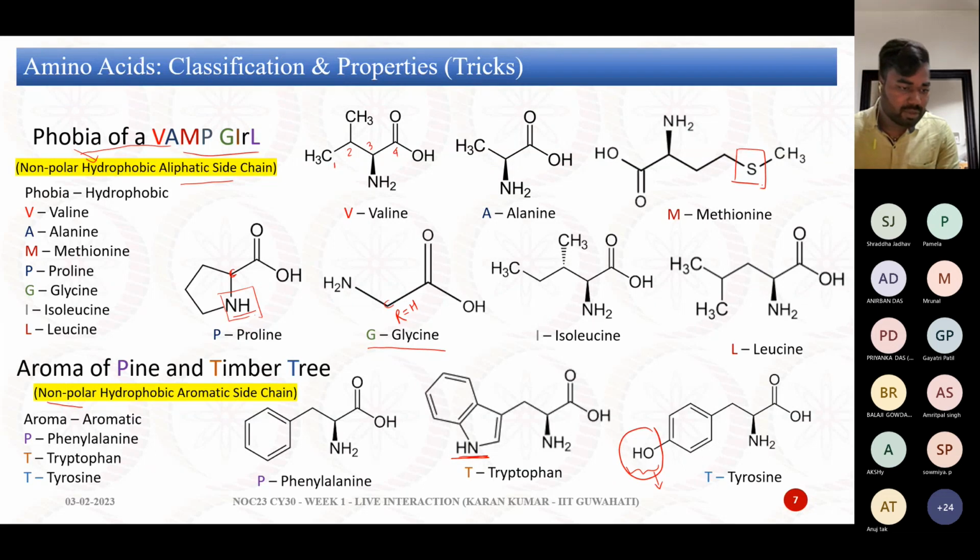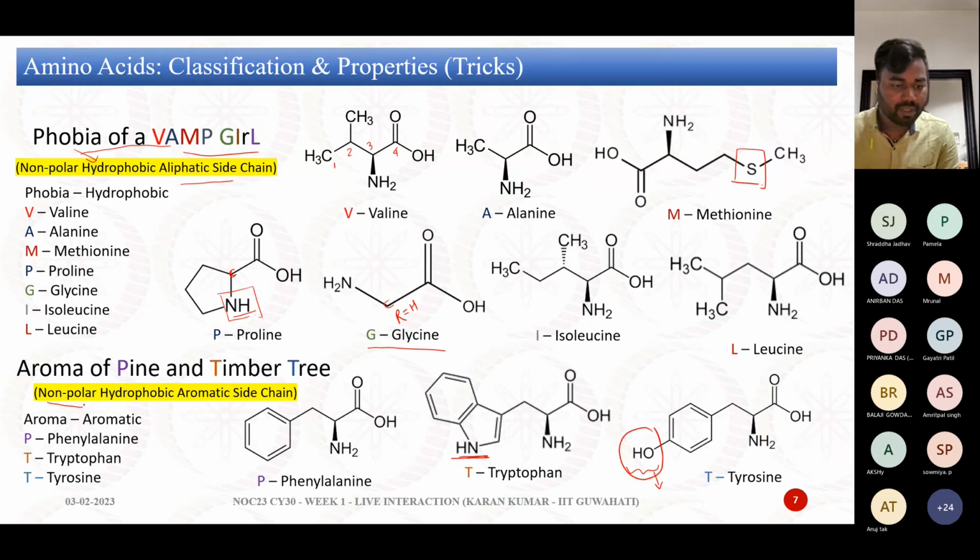Understood? So to remember the non-polar hydrophobic aromatic side chains, you can remember them by "aroma of pine and timber tree". You can imagine there is an aroma, meaning a kind of smell. You are lost in a forest where pine trees and timber trees are, and you sense the smell of it.